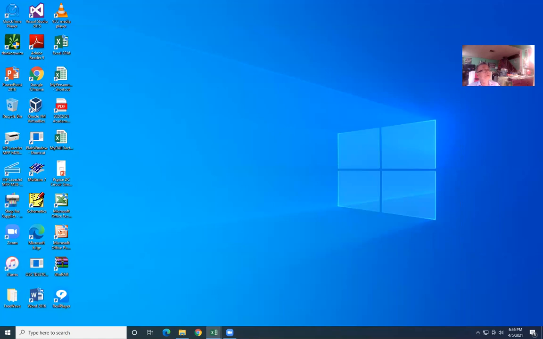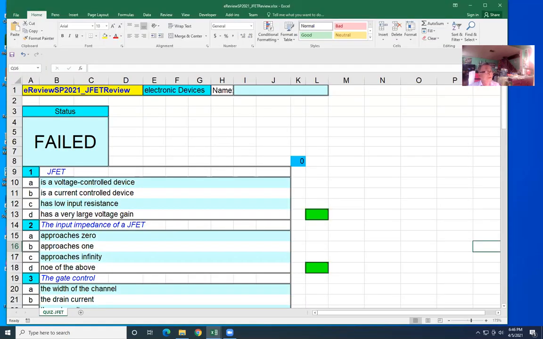Okay, that's what I told you to download, the handout. I go through that to make sure you're able to get the right answer, so you can read the handout and get a better understanding.